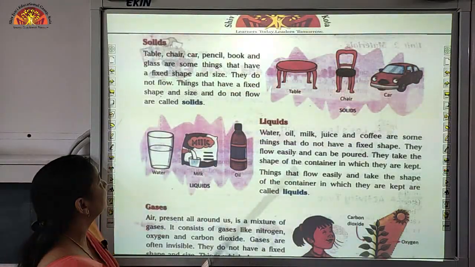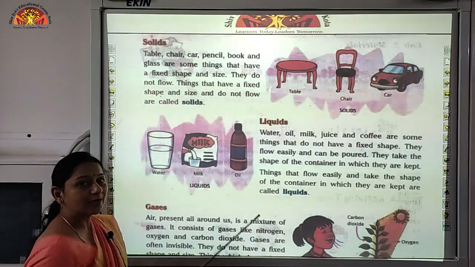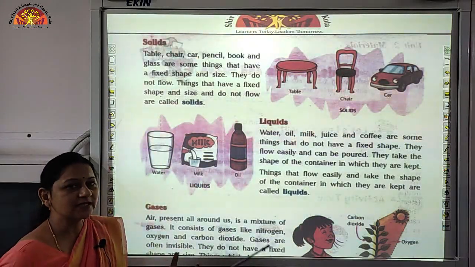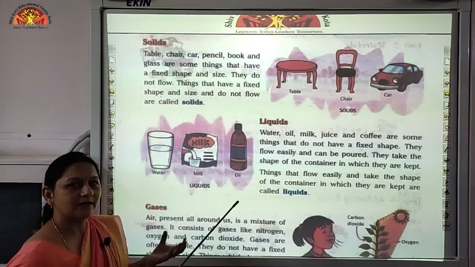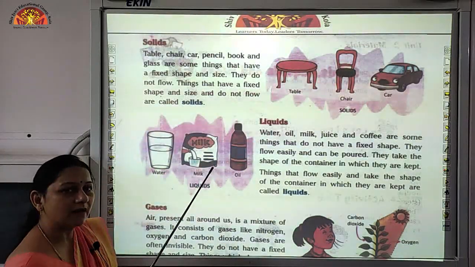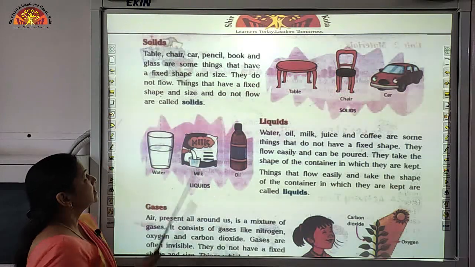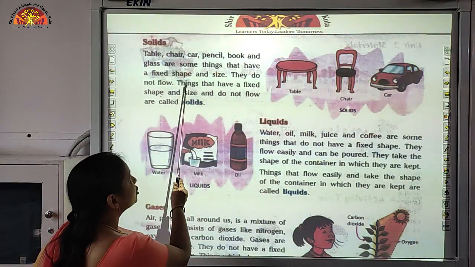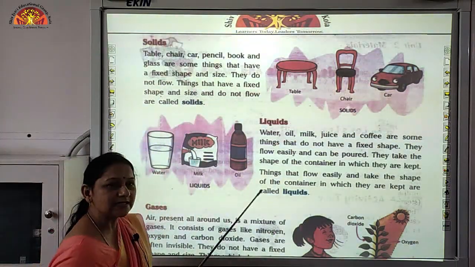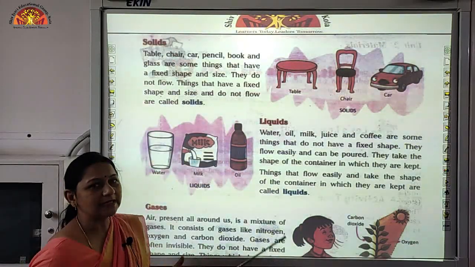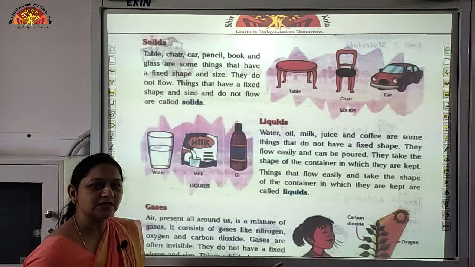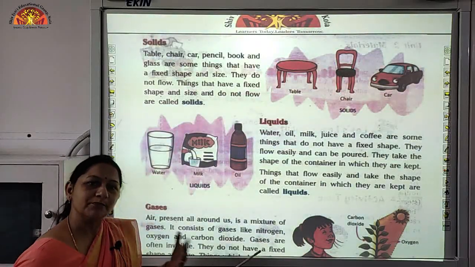Firstly, we are going to take up solids. Now what are solids? Like the things you have around you, your eraser, your book, your chair, table, all these are solids, and solids have a fixed shape and size. You can see your chair has a fixed shape, your book has a fixed shape. The shape changes only when you apply some pressure to it.